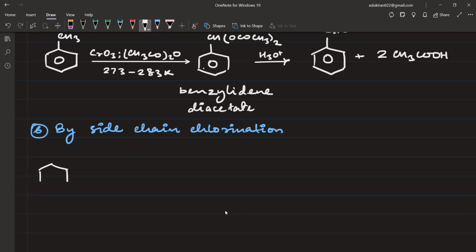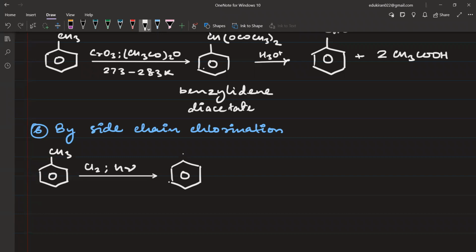Again, we are starting with toluene, a benzene ring with CH3. First of all, we are doing free radical halogenation here. We have Cl2 in the presence of hν. What it is going to do is substitute two hydrogens from here.